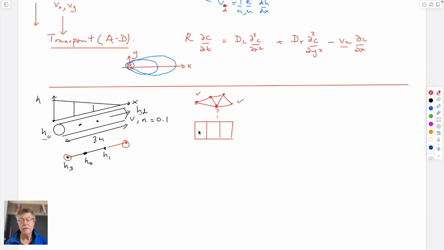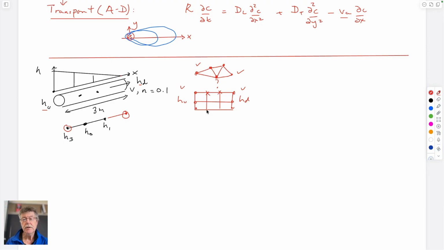We can create the grid that has these. Upstream we perhaps know them, the boundary conditions. Downstream we perhaps know them. But in between that, maybe we don't, and we have to solve for it. The reason for drawing this is that you could imagine that if we knew this one and didn't know this one, this one, this one, and this one, we could try and solve for it if we knew a big system of equations.